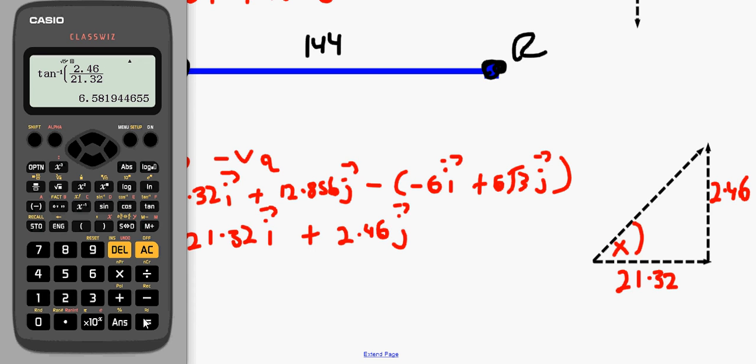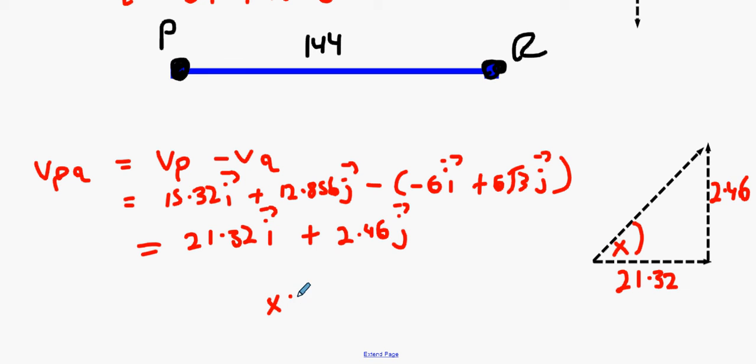So x equals 6.58 degrees, which is west, 6.58 degrees north. Oh, sorry, east. East 6.58 degrees north.